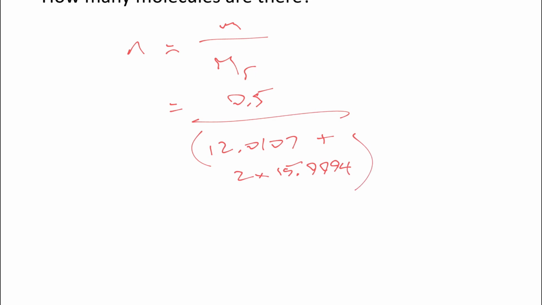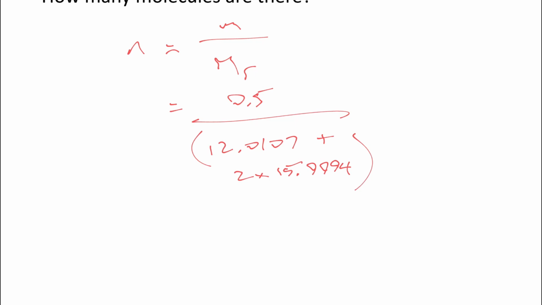So that will give us a relative mass of 44.0095, but we don't actually have to go off to the side and work out what that relative mass is. We can just do it like I've done here, where we incorporate the finding of that relative mass into the equation to find the moles.